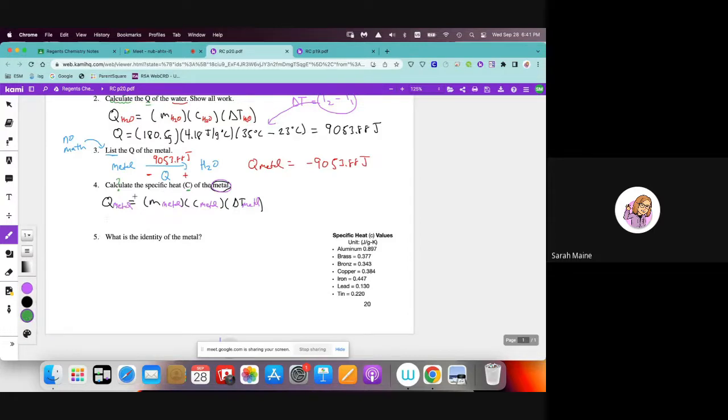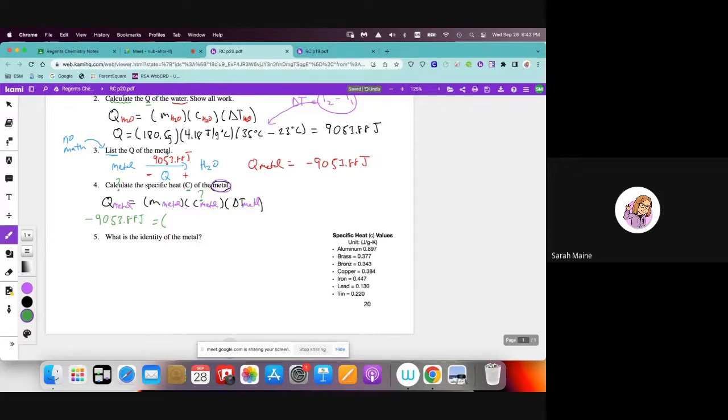So we can only put in information about the metal. The unknown happens to be the specific heat. So I know the delta T, I know the mass, and I know the Q of the metal. The Q of the metal, you have to keep the negative sign. So it's negative 9,053.88 joules equals the mass of the metal.